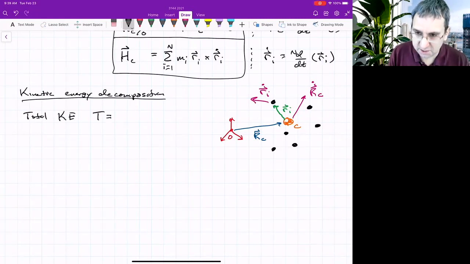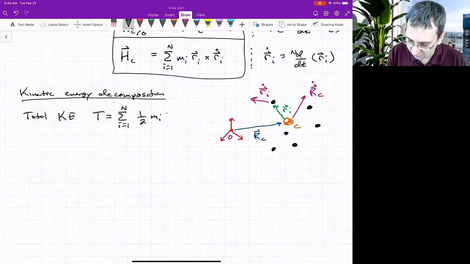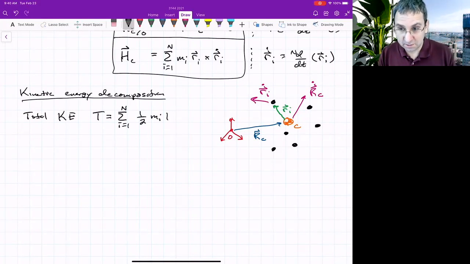It's the sum from 1 to the number of particles of 1/2 the mass times the inertial velocity squared.